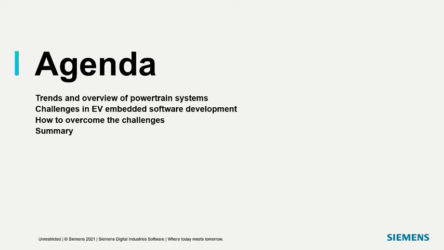Here we will learn about current electric vehicle trends and later move to an overview of powertrain systems, comprising electronic control units, ECUs, and functionalities, to better understand the challenges and the possible solutions. In Section 2, we will look into 4 different challenges faced in software development. In Section 3, we will see how to overcome each of those challenges. At the end, we will summarize today's learning.